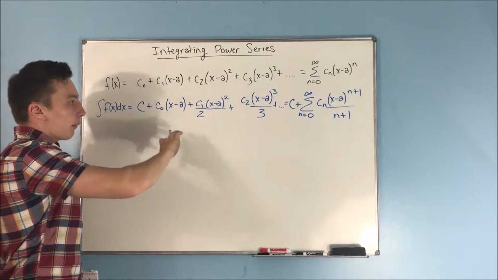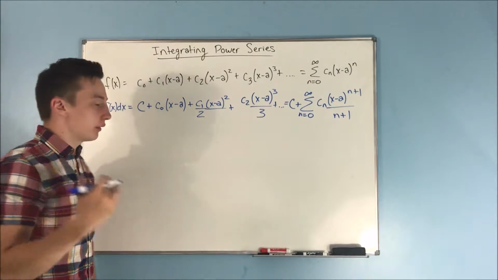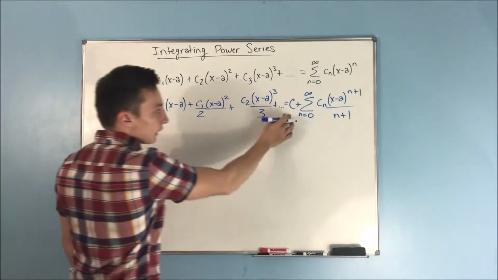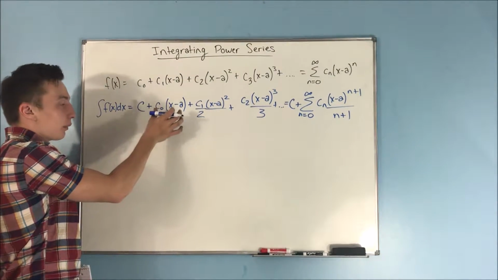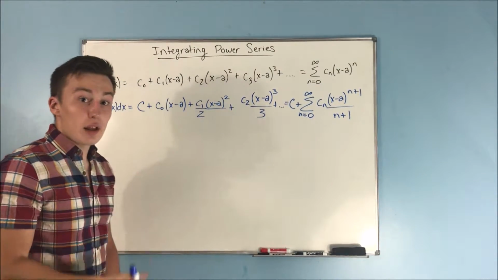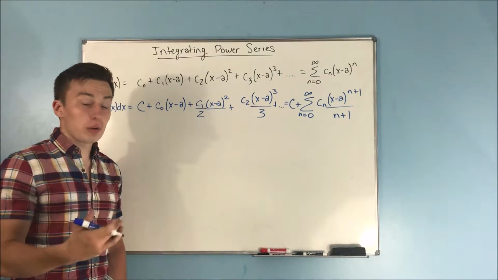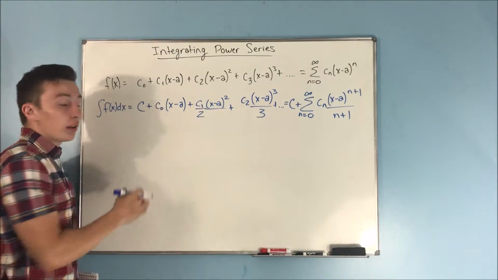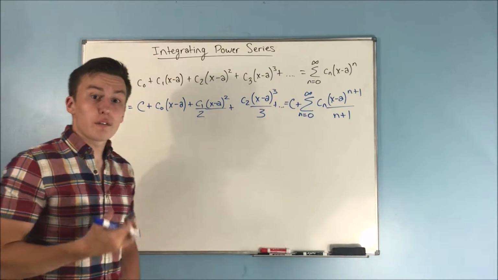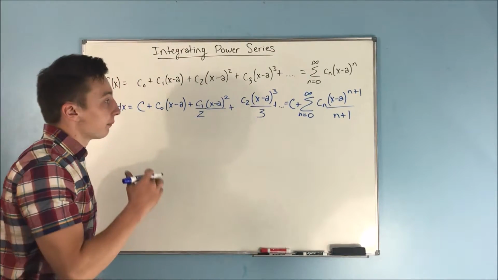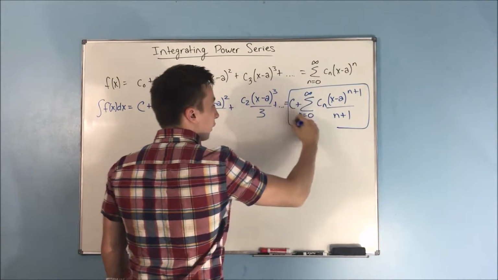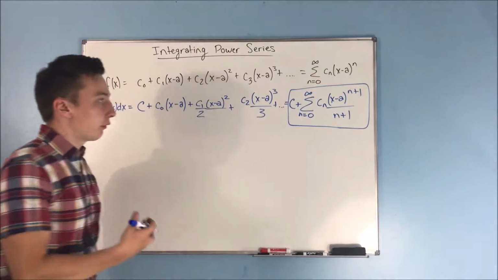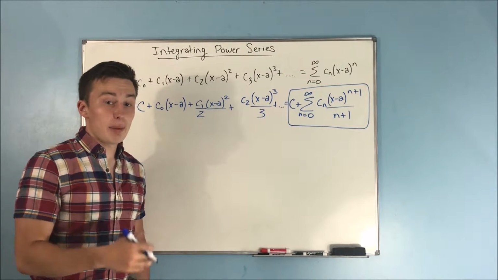It looks like I got bumped up 1, but don't be confused with that, because the c is outside the summation. So this is our n equals 0 term. The reason why we bumped it up for derivatives was because this term went to 0, so there was no use in starting from n equals 0. So this is now your general formula for taking an integral of a power series.